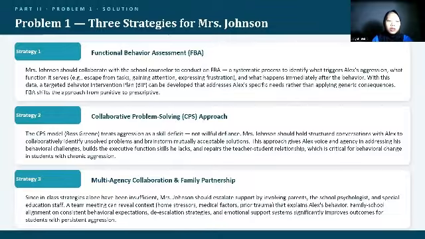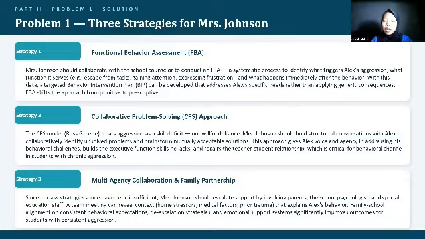Strategy 2, Collaborative Problem Solving, CPS approach. The CPS model views chronic aggression as a skill deficit, not a willful deficit. Mr. Johnson should hold structured conversations with Alex to collaboratively identify and solve problems and brainstorm mutually acceptable solutions.